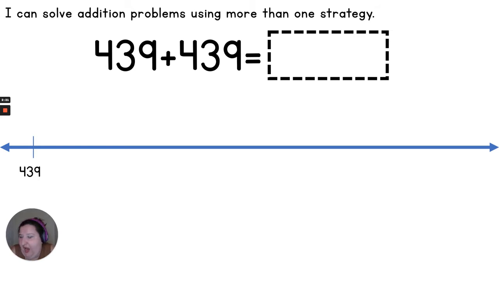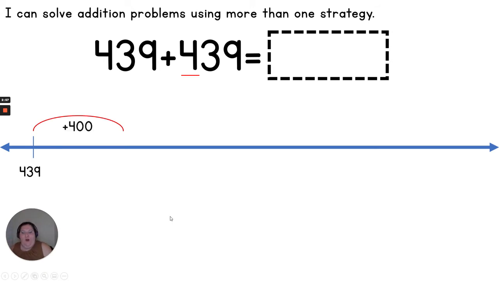I want to start with my hundreds. 439, well, there's 4 in my hundreds place, so I need to add 400. If there's 4 in my hundreds place, I can use that to help me. 4 plus 4 is equal to 8, so 400 plus 400 is 800.